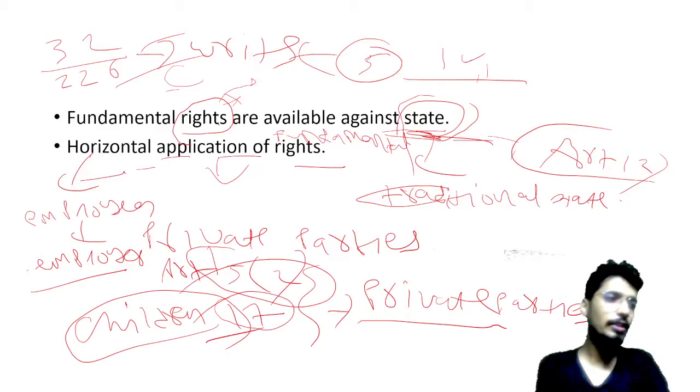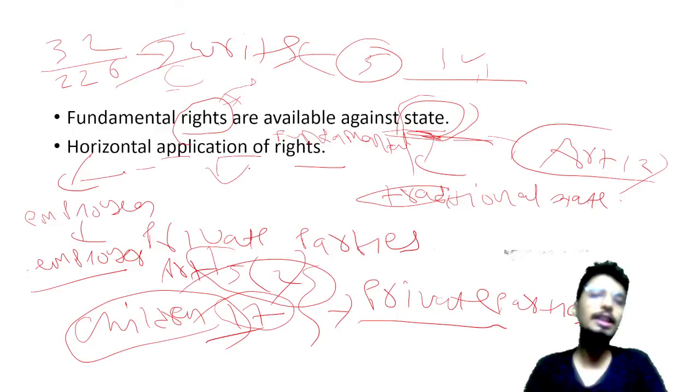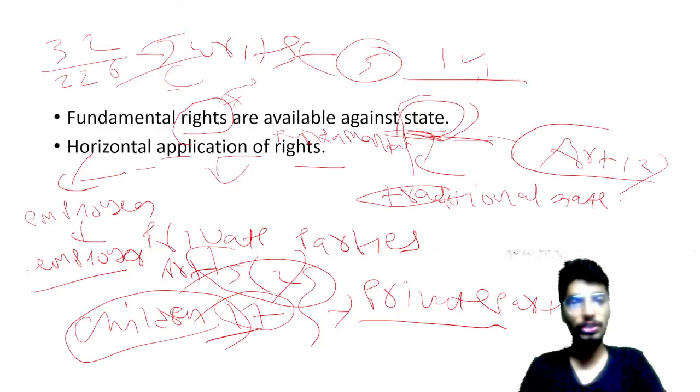So if you see 100 years before or 200 years before, you will find that most of the things were done by the states. But right now you will find that there are various things which a state is not doing directly, and rather corporations, private individuals, they are performing those functions.